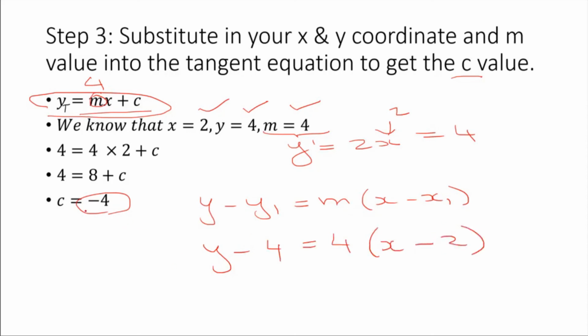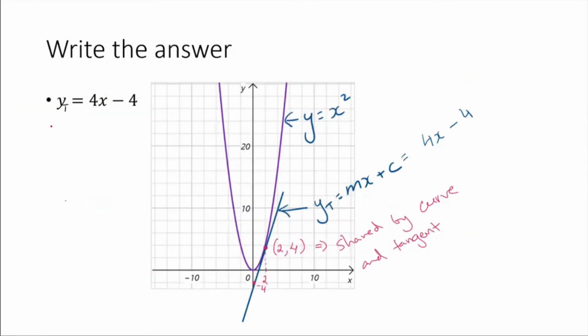This will work out to be the same equation. But I find mx plus c easier because it's the equation of a line, so it's more intuitive and easy to remember. So our answer is that the tangent equation is 4x minus 4. Really simple.